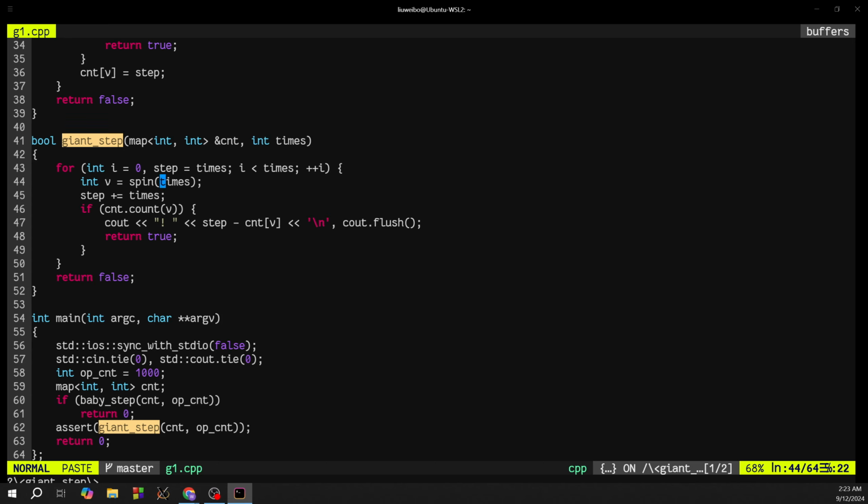Each time we spin by the step parameter, which is 1000, and we're guaranteed to meet a node we have met in the baby steps, and then we return true. Of course, we need to do some calculation to subtract the overlapped part there. Okay, that's for G1.